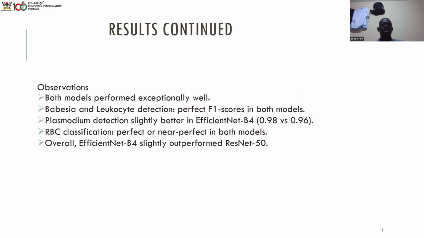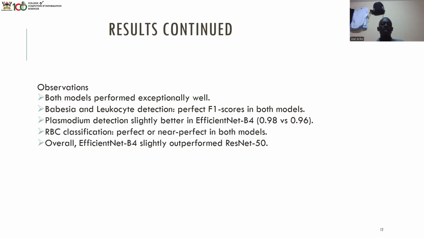Then the observations of the models trained: both models performed exceptionally well, though there was a slight decrease in some of the classes. For example, the Plasmodium detection was slightly better in the EfficientNet compared to the ResNet.